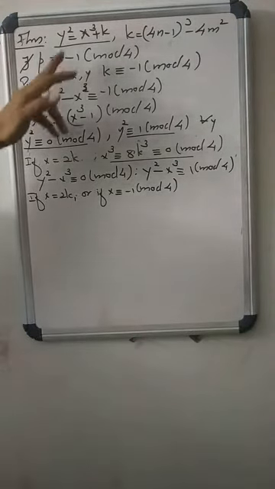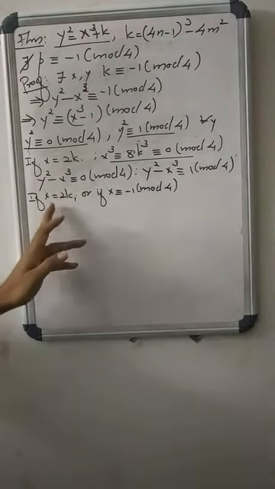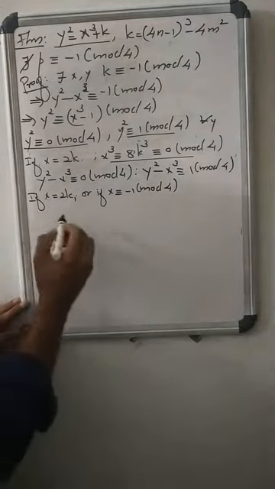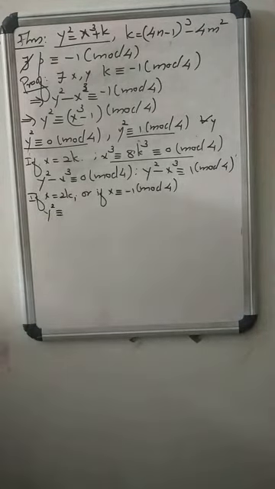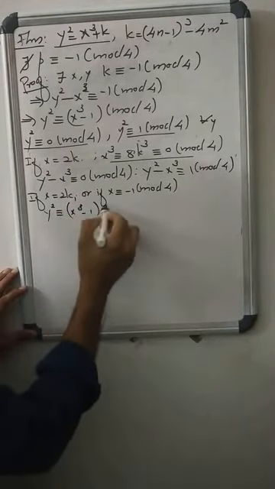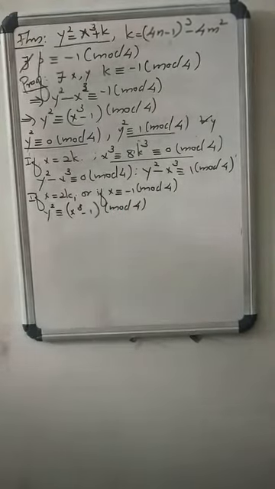Because we assume that x and y are the solution of k congruent to minus 1 mod 4. Agreed. So when x is even or x is congruent to minus 1 mod 4, then what is y square? Then y square is congruent to x cube minus 1 mod 4, which will not be satisfied. Sure? Yes.